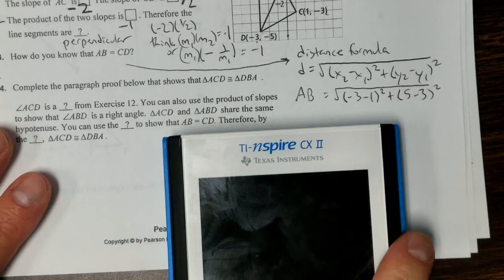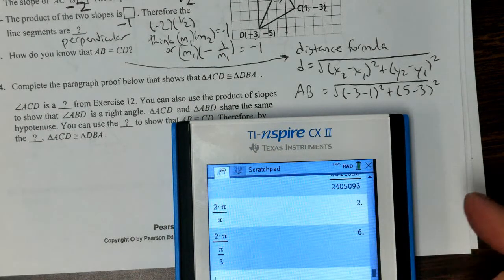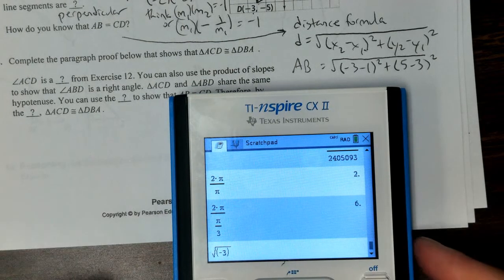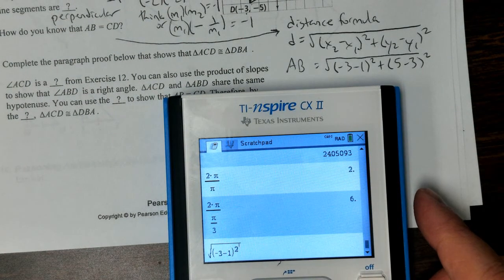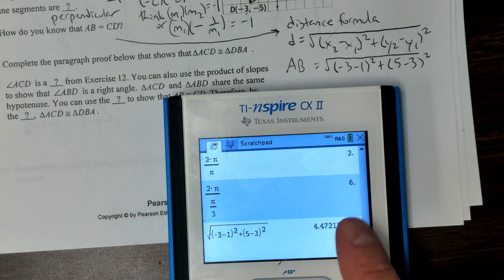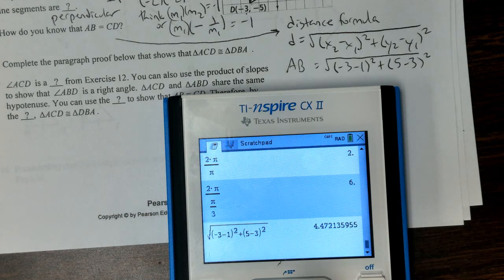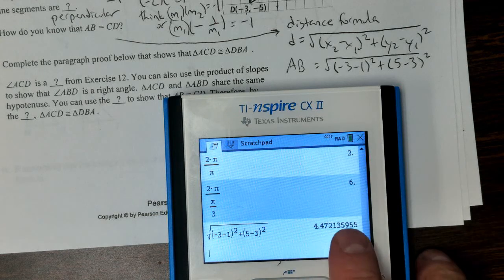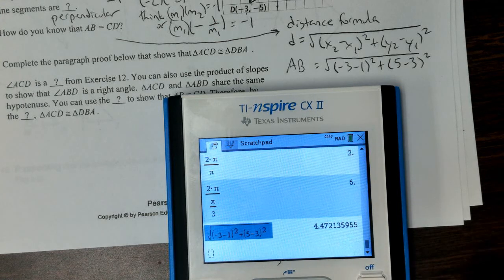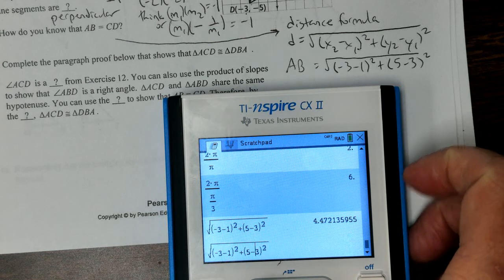Y'all's would look something like this: the square root parentheses -3 minus 1 squared plus 5 minus 3 squared, enter, and you get this decimal. So in other words, on your calculators, it's not going to give you the right thing, and so you're going to have to simplify your square roots. What I would recommend is just doing all of this part, but take off the square root sign.